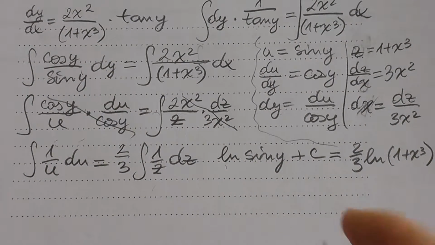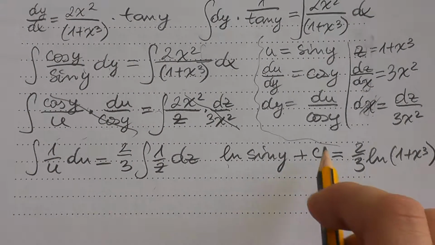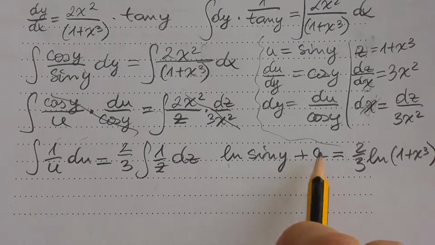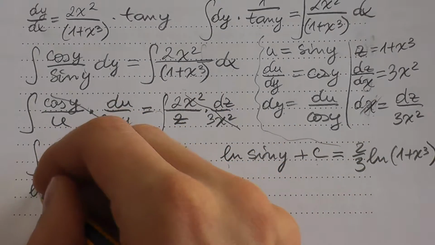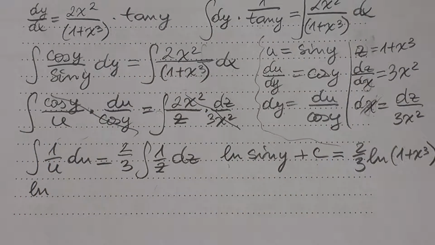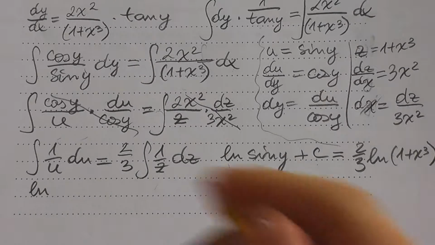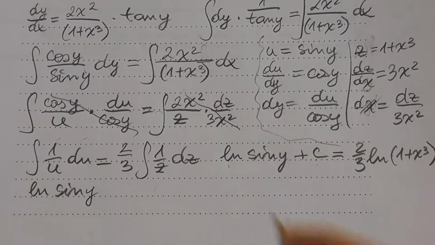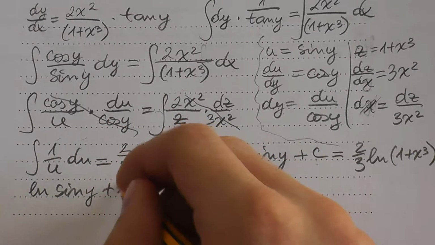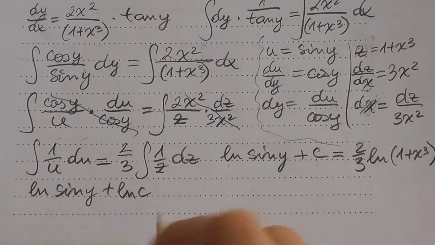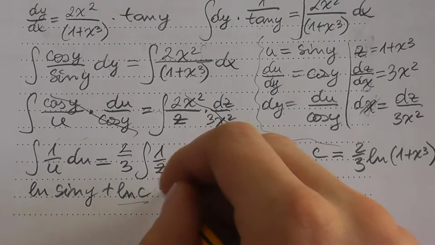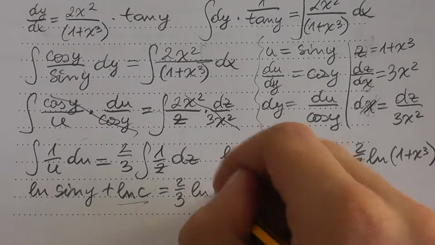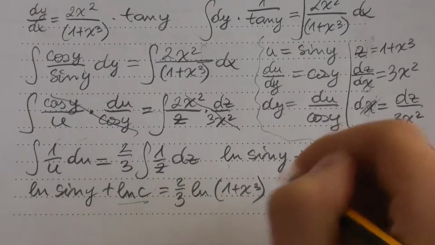Now, what follows next from this is we have to rewrite c in terms of ln. That isn't really an issue because you can just say that the ln of any constant is just an ln of another constant. So you can rewrite this as ln of sine y plus ln of c, which is our constant, is equal to 2/3 ln of 1 plus x cubed.